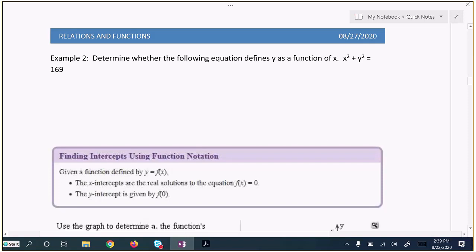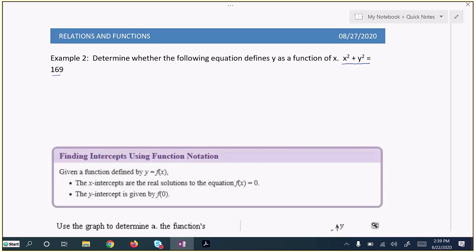So that would be how we would determine domain, range, and whether or not it's a function if we have a set of ordered pairs, but we know from experience that we're not always going to have this collection of ordered pairs written out. A lot of times we're going to see something that looks like this. x squared plus y squared is equal to 169. So this is an algebraic expression, and we might be asked to determine whether this defines y as a function of x.